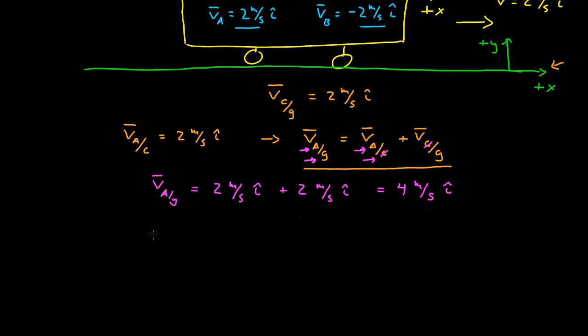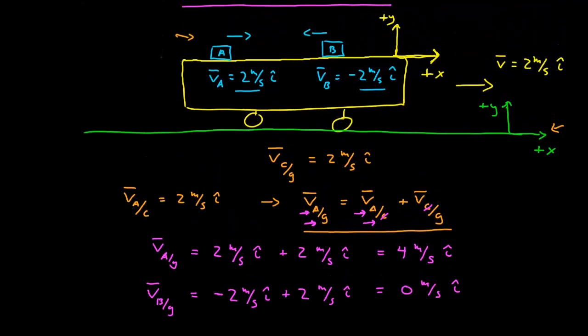If we do the same for the velocity of mass B relative to the ground, that's equal to the velocity of mass B relative to the car, which is negative 2 meters per second i hat, plus the velocity of the car relative to the ground, 2 meters per second i hat, and so the result is 0 meters per second i hat.